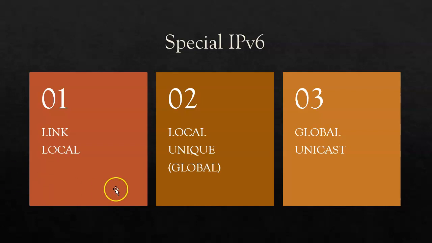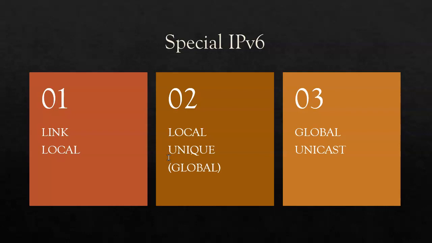Okay, the next thing that happens is a unique local address, and this is a much closer representation of private addressing, and there is a process by which we create unique local addresses.